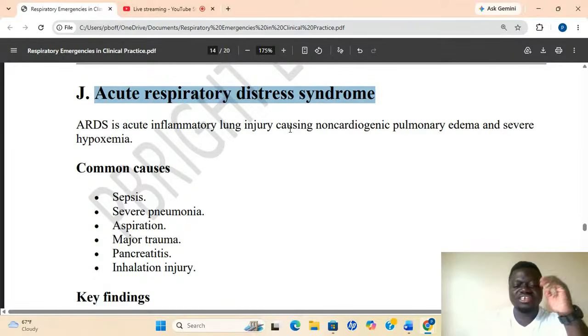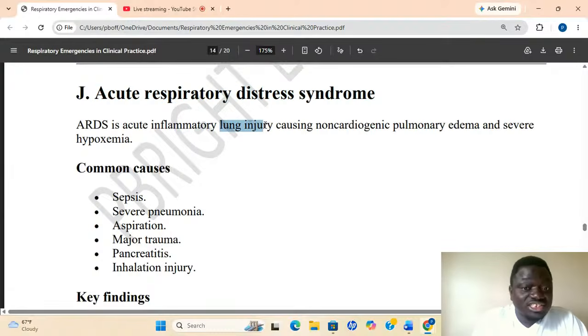Or you are on the ward and they are not treating the patient well. The lung injury will be ongoing. The bacteria don't care whether you take your medication or not. They are eating your lungs, causing non-cardiogenic pulmonary edema.